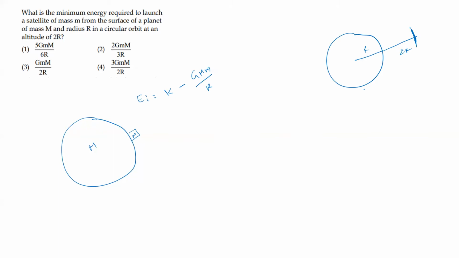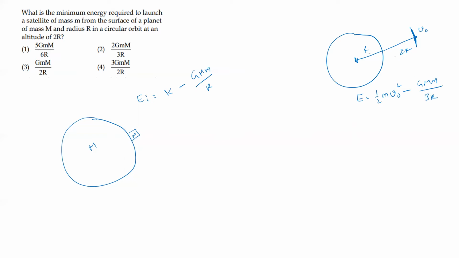Here the final energy is half m v naught square, the orbital velocity, and the potential energy is minus GMm by R plus h. The total distance is R plus 2R, which is 3R.